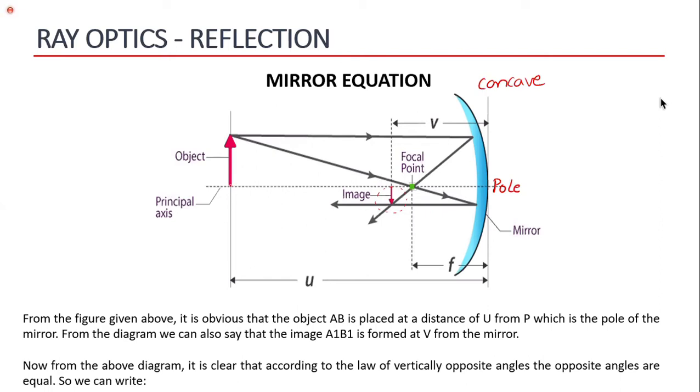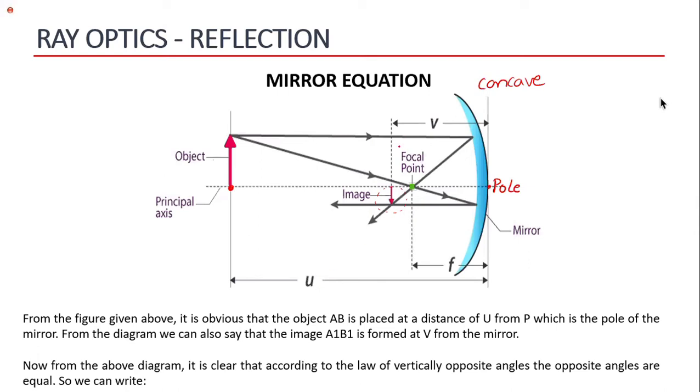The distance of the object from the pole is called the object distance, given by u.